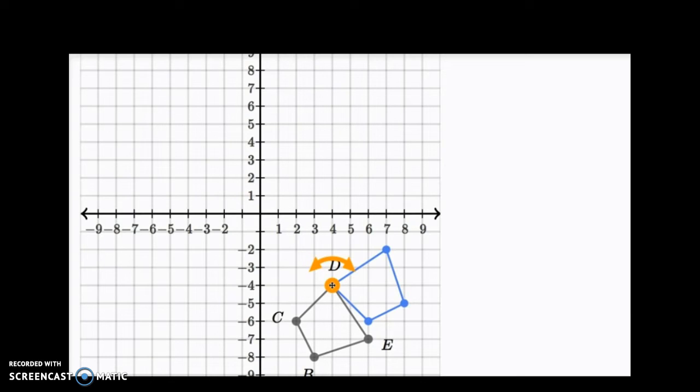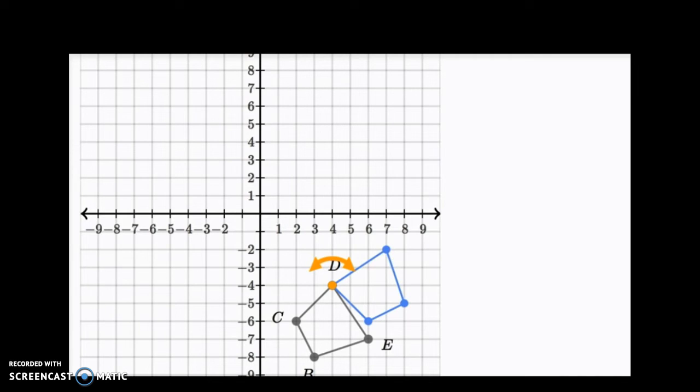And just so you get some terminology, this is a clockwise rotation around the point B. And so this new set of points is the image of our original quadrilateral after the transformation.